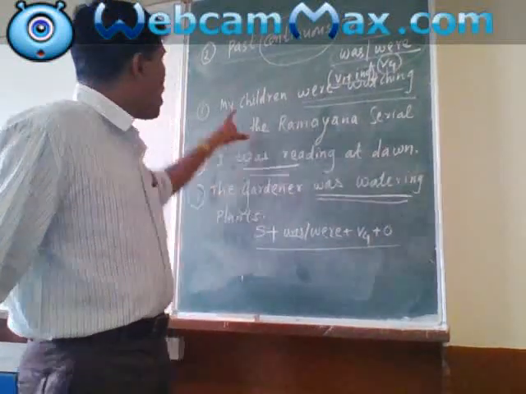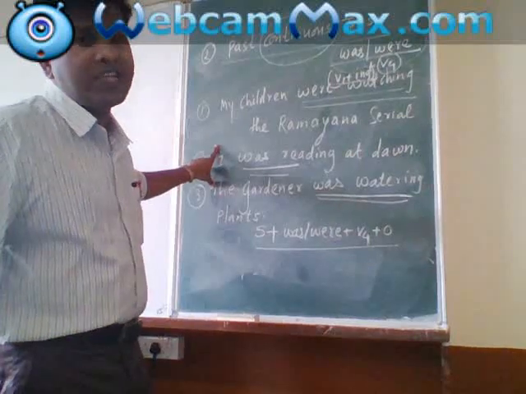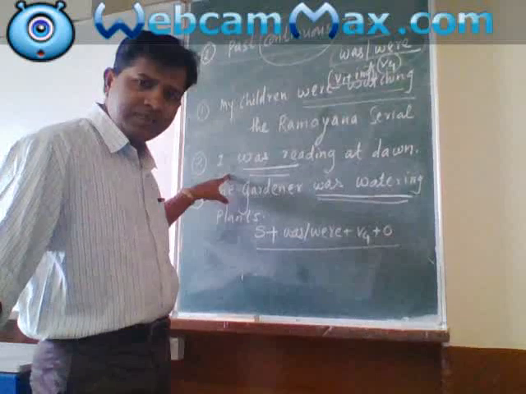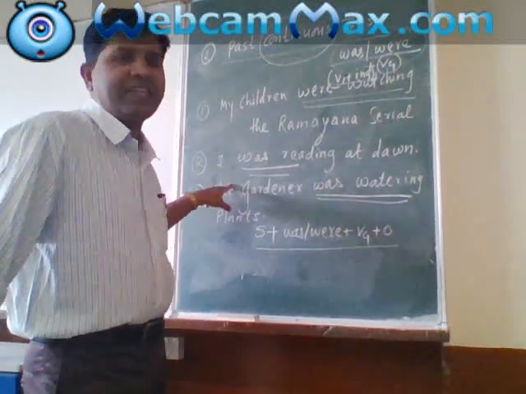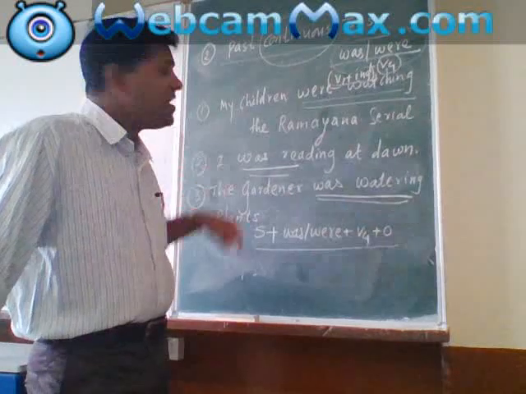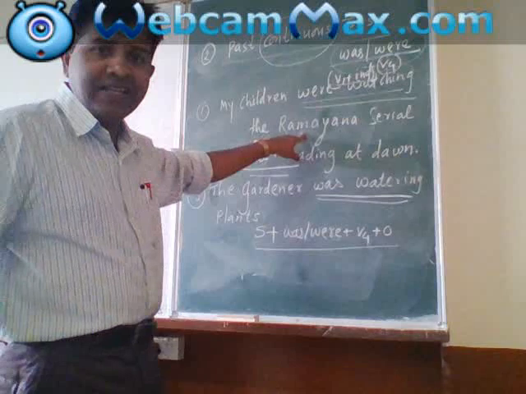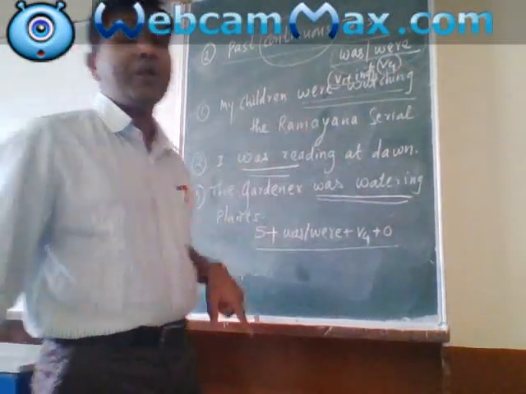Now all these above mentioned sentences are assertive sentences. If we convert these sentences into interrogative sentences, then you see, my children were watching the Ramayana serial is an assertive sentence. So make it interrogative.